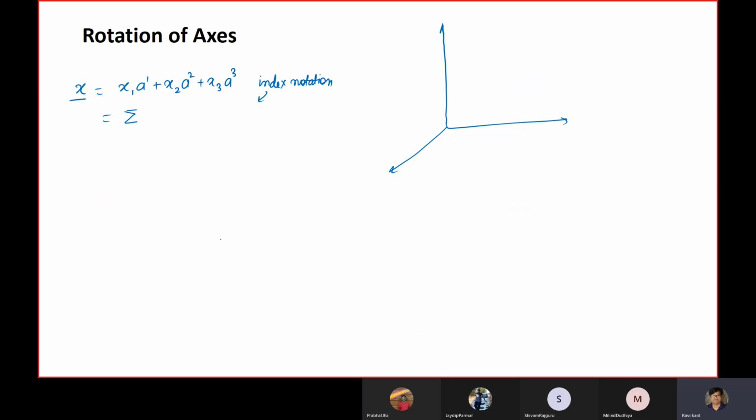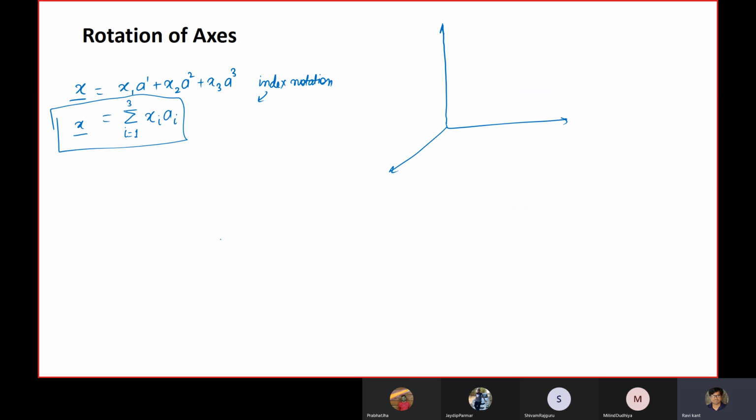You can write in index notation as summation of xi ai, where i goes from 1 to 3. We can also write in this particular form in compact manner, right?